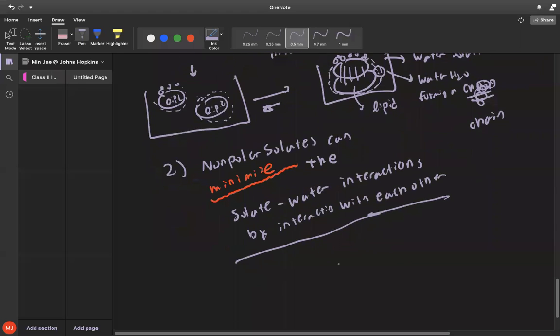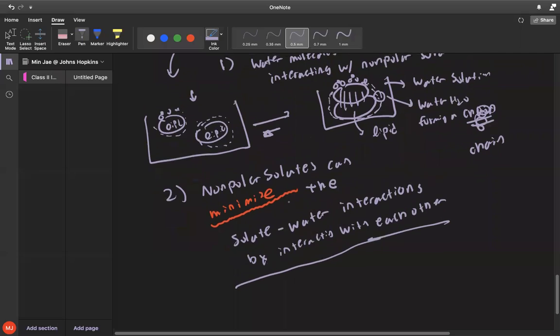What this observation means is that if you look at the figure on the left, there is a lot of interaction going on between the surface of the lipid and the surrounding water molecules. But later on, the hydrophobic interaction favors minimizing the number of interactions formed between the lipid and the surrounding water molecules.